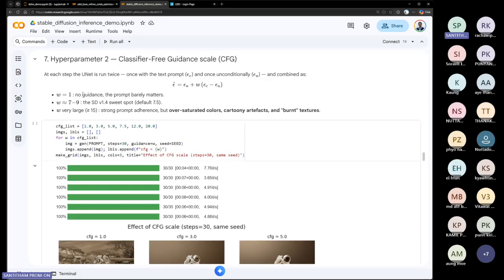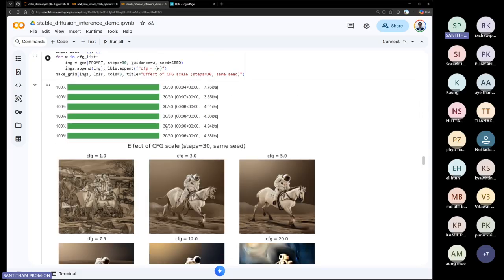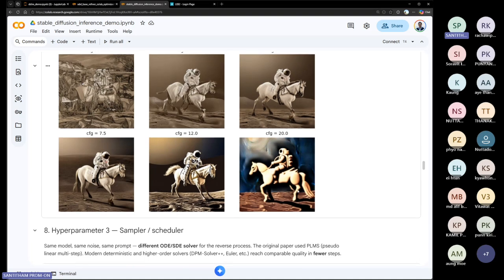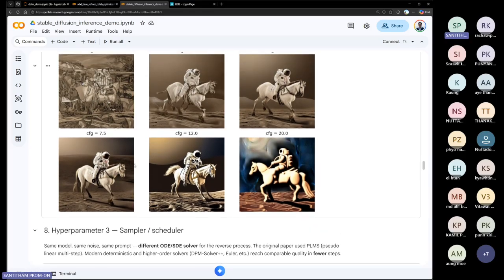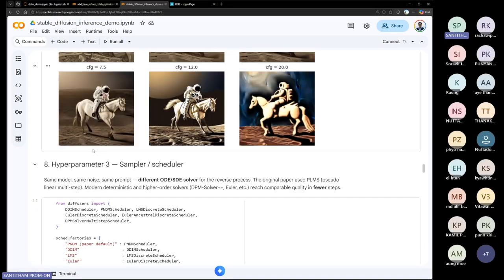And 20, no guidance needed, prompt barely matters. 20 means strictly following the prompt. Strictly following the prompt doesn't mean that it will look nice though. Okay, so the best one would be about this. It still doesn't have the negative prompt here.